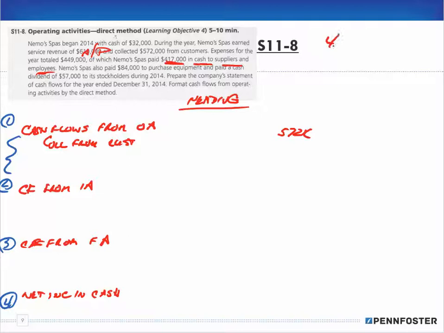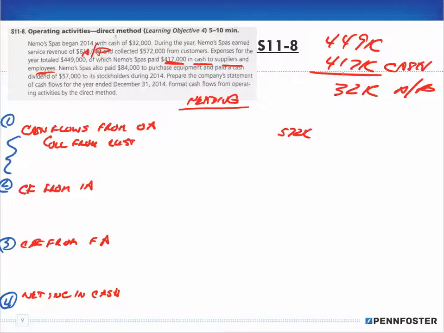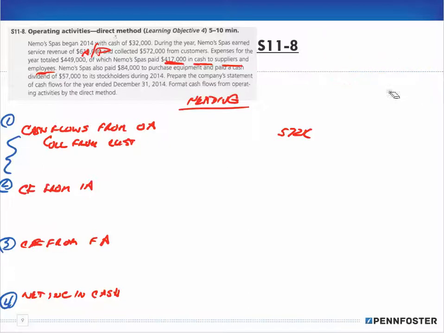If I have $449,000 in expenses, but we paid $417,000 in cash, the rest has to be something else, what, $32,000, and that's generally in accounts payable. So again, even though we have $449,000 in expenses, we only want to know what the cash portion is. Don't use the 449. The cash portion is the 417.